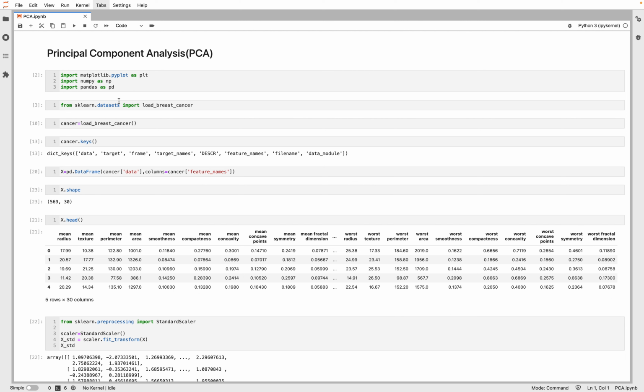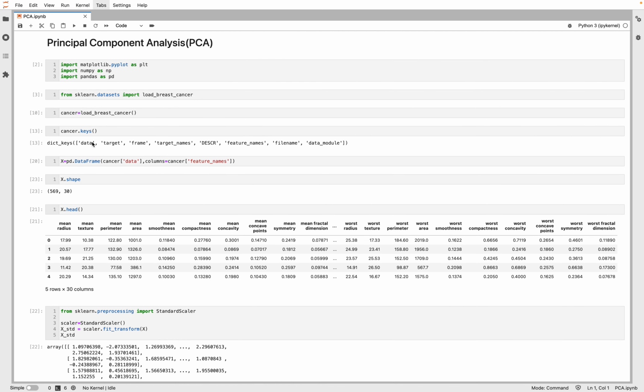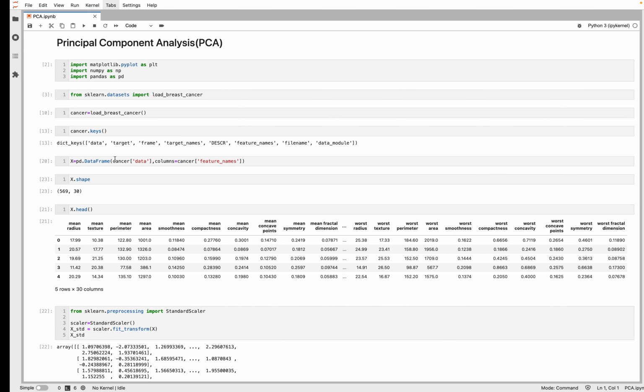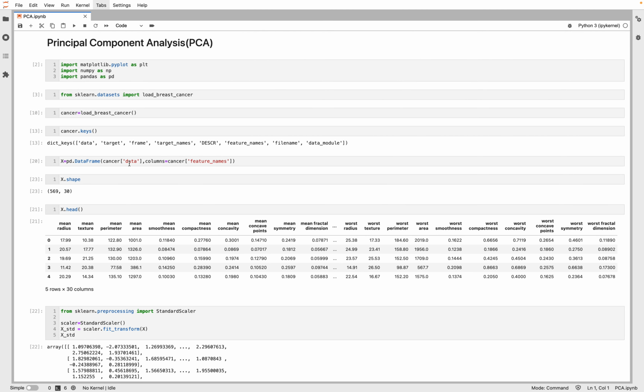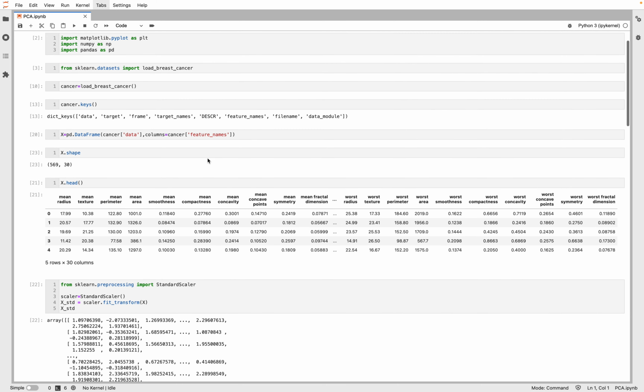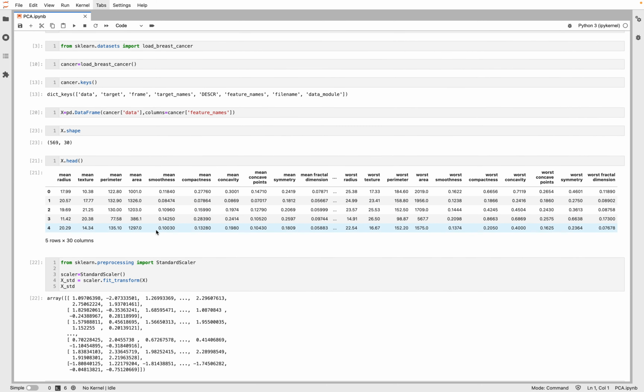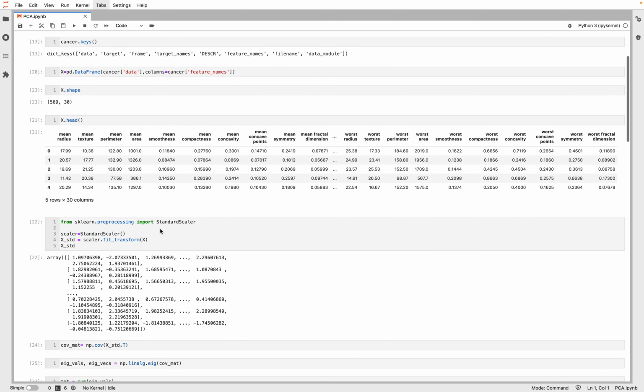We load this dataset from the Scikit-Learn library and take a look at the information inside this dataset. We have the data, we have the target, and we have the description with the feature names. So we can form a data frame using the data, with the columns being the feature names, and this is the data frame.